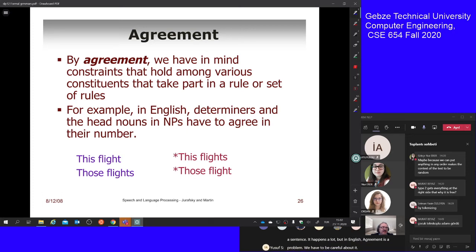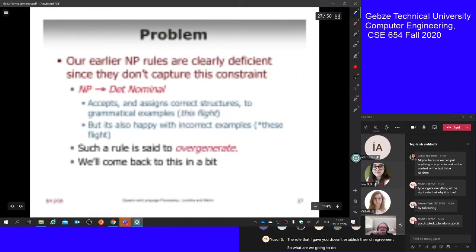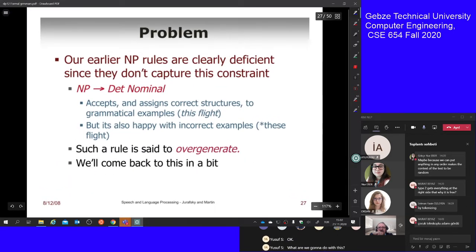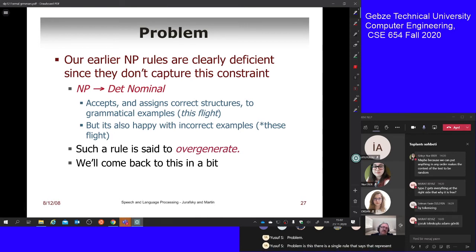The rule that I gave you doesn't establish the agreement. So what are we gonna do? Okay, what are we gonna do with this problem? The problem is this. There is a single rule that says determiner nominal, and this rule overgenerates. What do I mean by overgenerate?